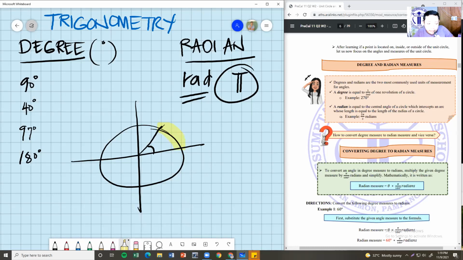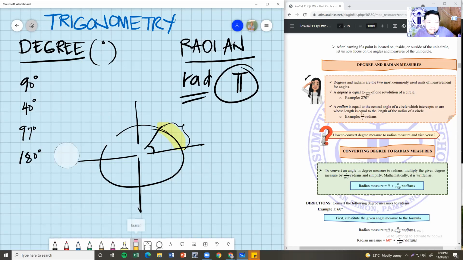So therefore, when we say radian, we are referring to the length of this arc measurement, which is expressed in terms of pi rad. When we say pi rad, that is the radian measure.